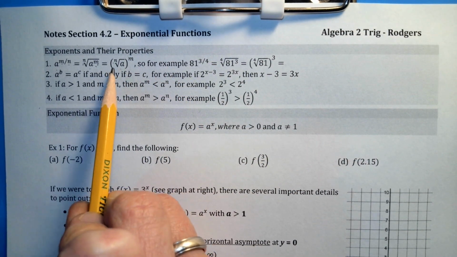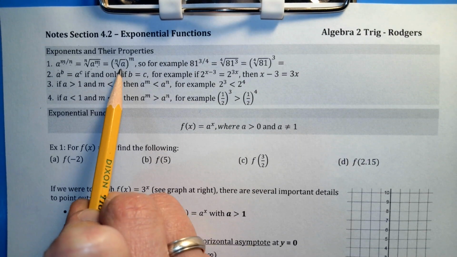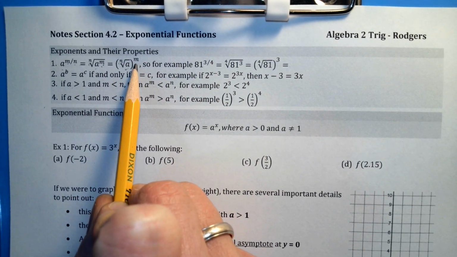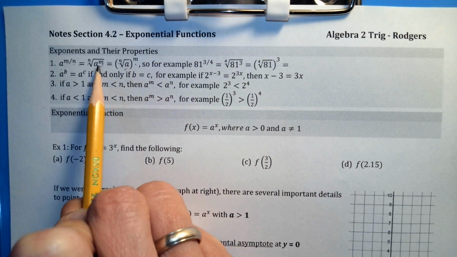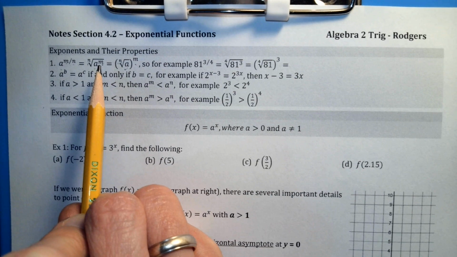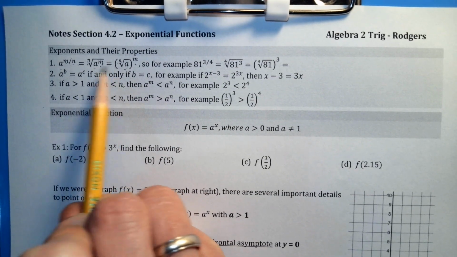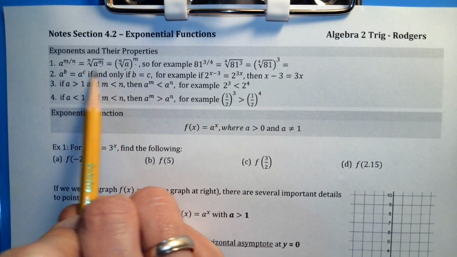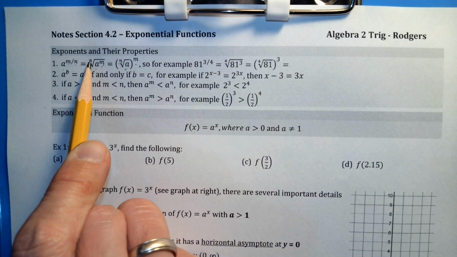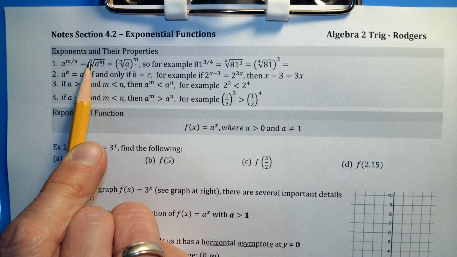So sometimes it's easier to take the nth root first, and then raise it to the m power. Now, normally we could say these are equivalent. There are sometimes when this causes a problem, because if, for example, a is negative and n is even, then that's a problem, right?